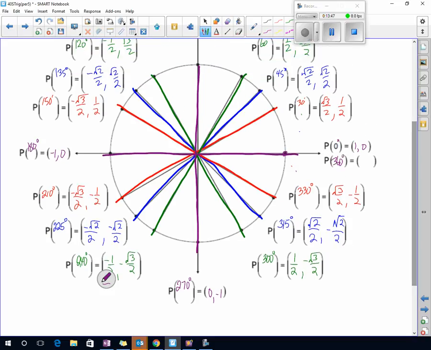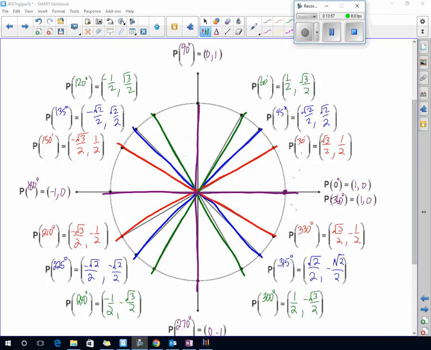I'll just wing it. So we started and did the entire degrees here. Now we have to do radians. So what is 0 degrees in radians? That would be 0. What would 30 degrees be in radians? Pi over 6.